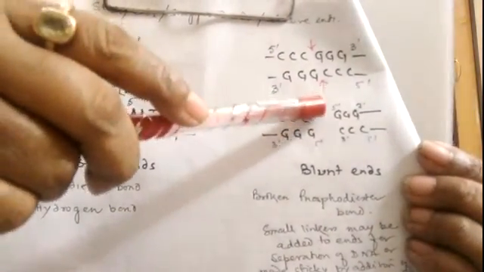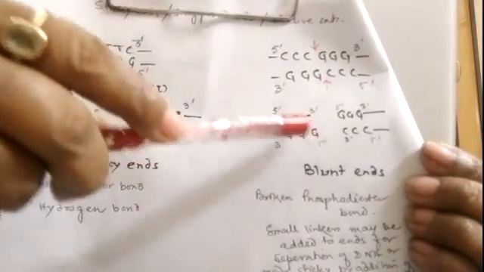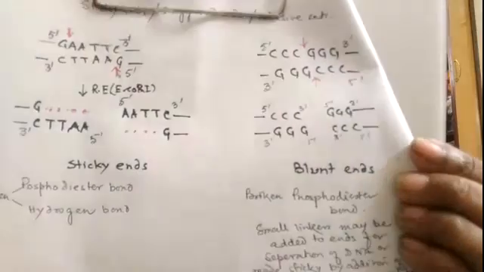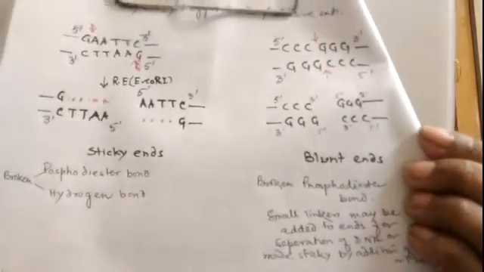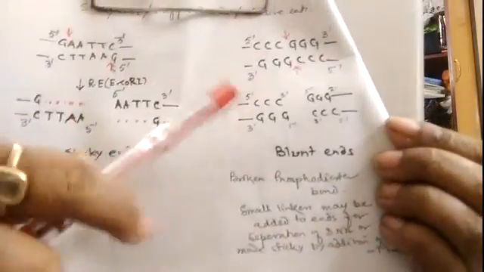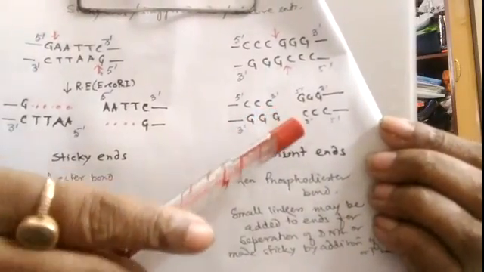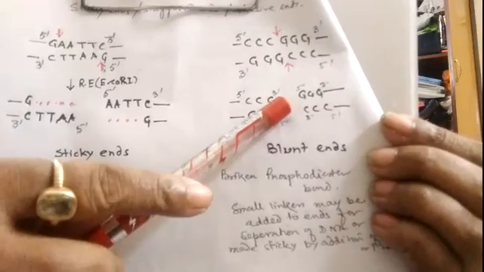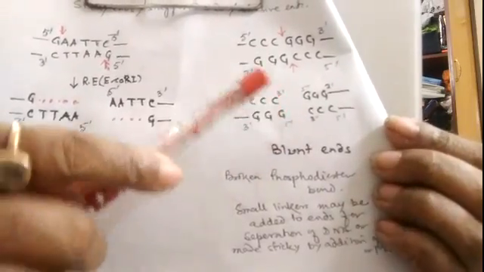Clear? So it is cutting only the phosphodiester bond and it is forming the blunt end. This is called blunt end cut or staggered end cut, and this can be joined again by forming cohesive strands of poly A, poly T, or they may get attached to sticky ends, and likewise.